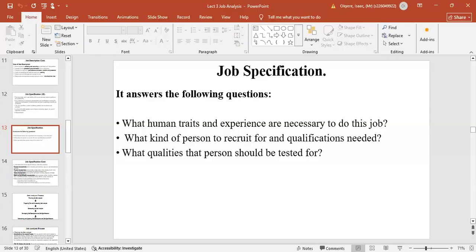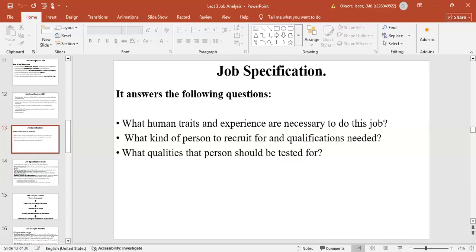If we are recruiting police, then you know that in the police there are departments. If you know the department that they are recruiting, then you know the minimum qualifications are supposed to be probably SHS. Are you with me? Yes, sir.